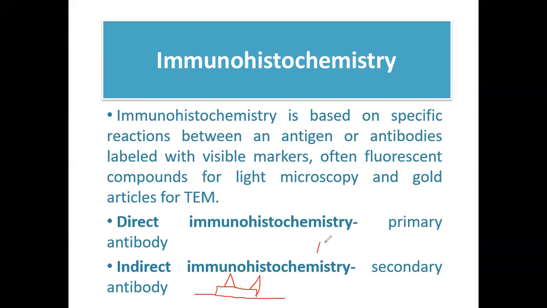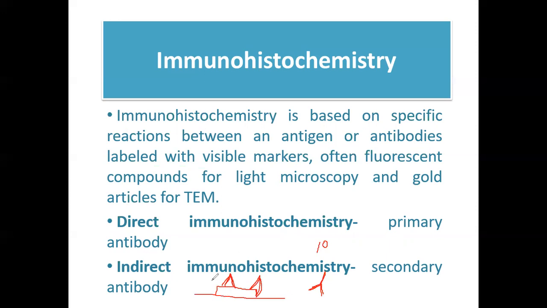The primary antibody here is known as your anti-A antibody. Bakit? Kasi itong anti-A antibody na to ay gagamitin natin to detect kung meron ba talagang antigen A si tissue natin. So pwedeng absent o pwedeng meron.